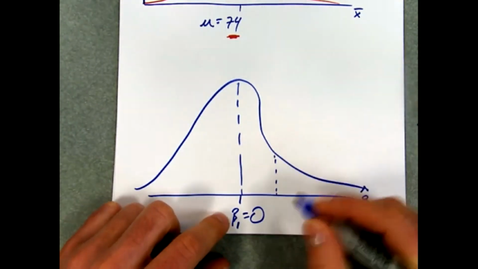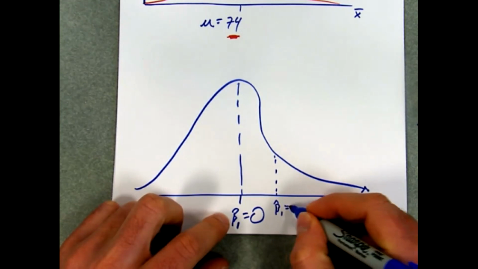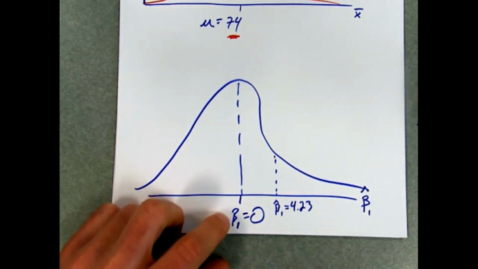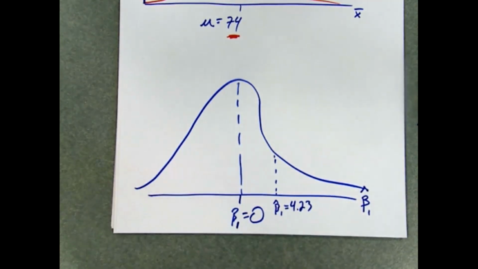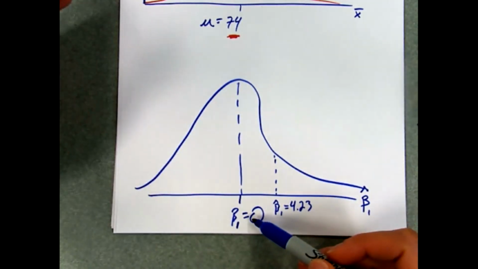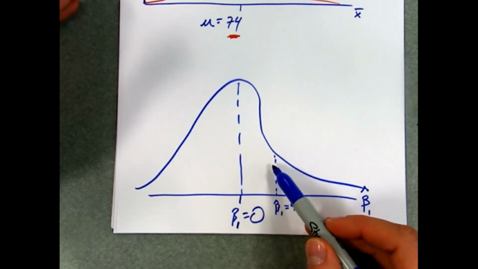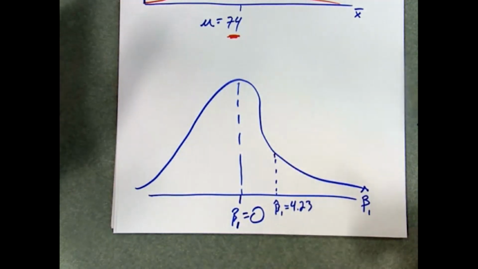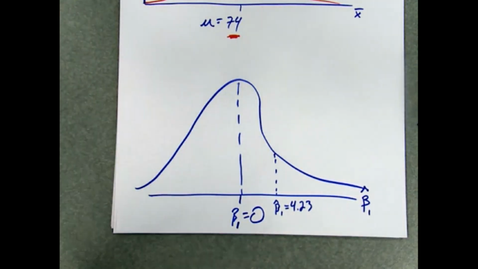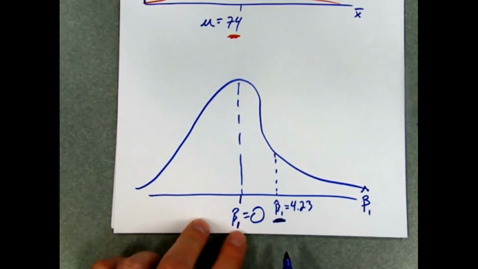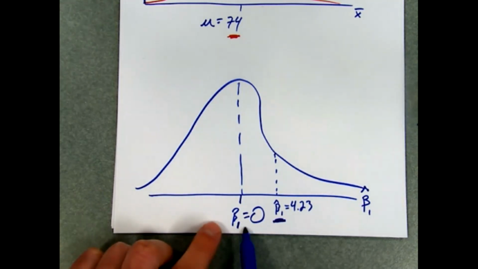And we saw a sample estimate for that slope of 4.23. Now, it could be that the true relationship still is 0, and we just happen to see something close to it, right? That still had a fairly likely probability of us seeing that. So how do we know if the estimate we're seeing actually is any different from 0?